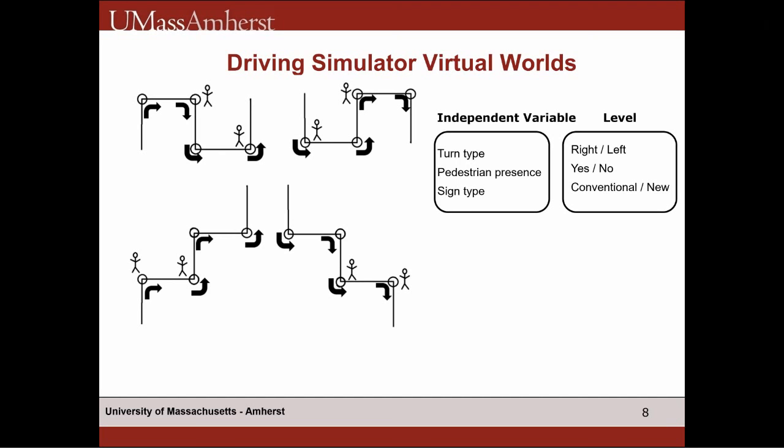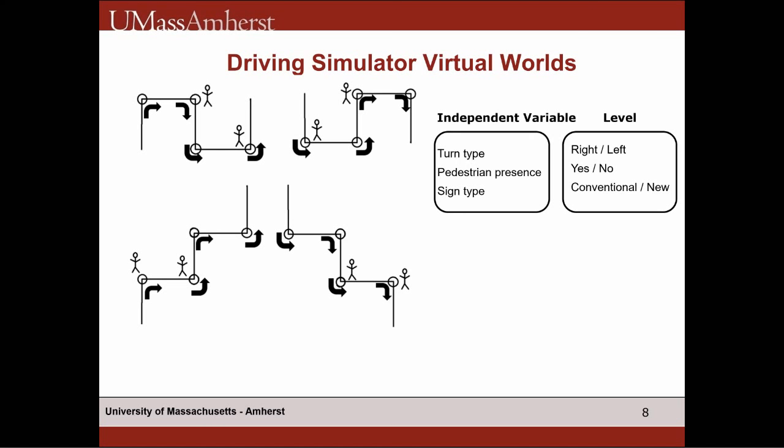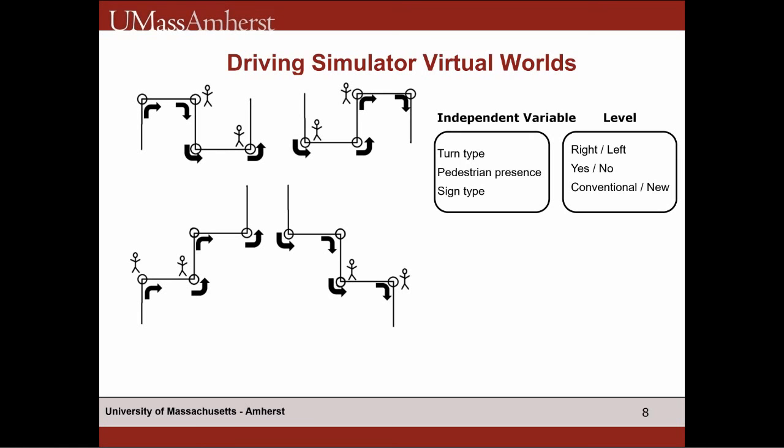Then for these 4 roads, we added signs, so 4 with the conventional sign and 4 with the new sign. Each driver drove one of these 4 roads, first with the conventional sign and then with the new sign.